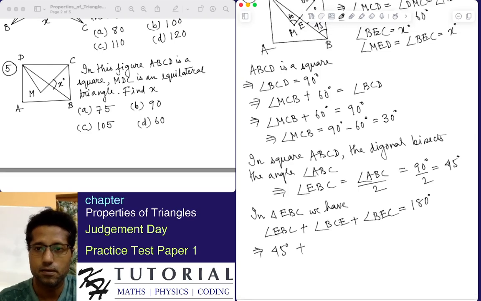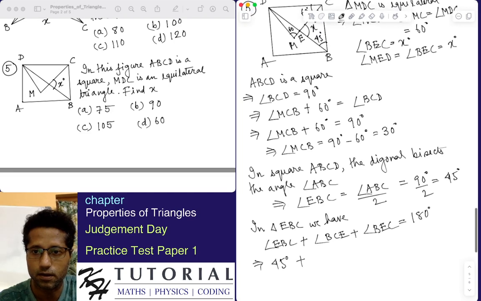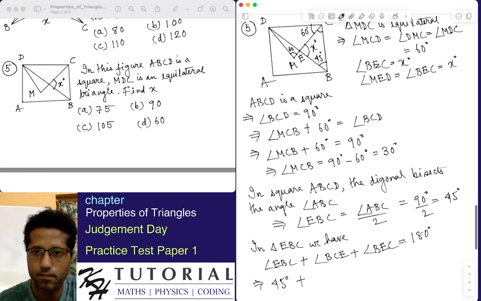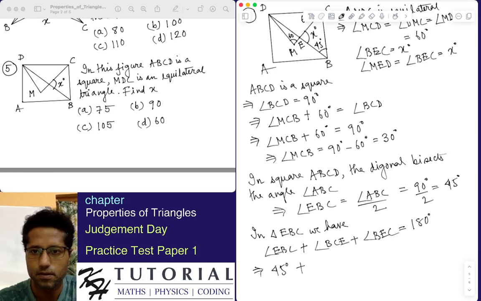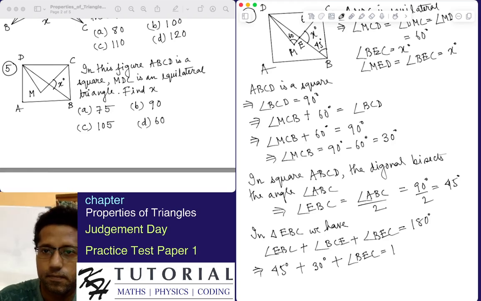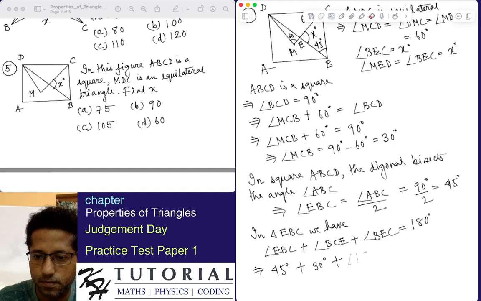Angle BCE we have already found earlier, BCE is equal to MCB, which is 30 degree, plus angle BEC. Angle BEC is marked as x degree, and we have to find x.